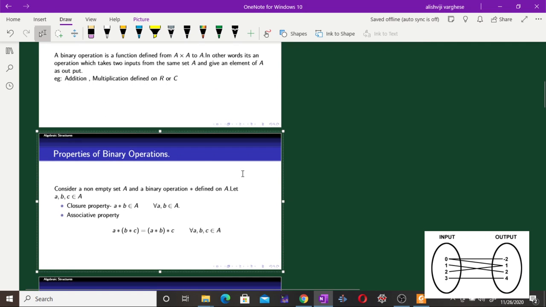Now here we are going through a number of properties of binary operations. The first one is the closure property.